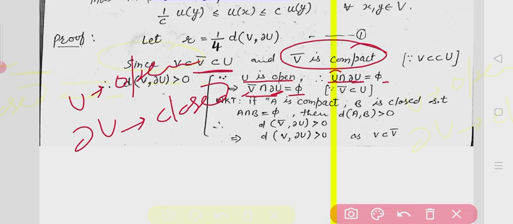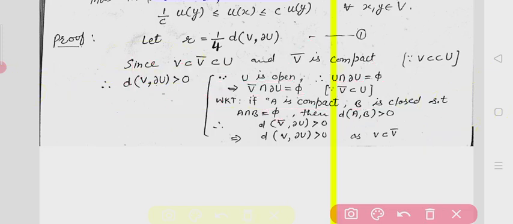So we know our result: if a set A is compact and some set B is closed such that they are disjoint, then the distance between both the sets will be positive. We can apply the result here, because V bar is compact and the boundary of U is closed. Therefore the distance between V bar and the boundary of U will be positive.